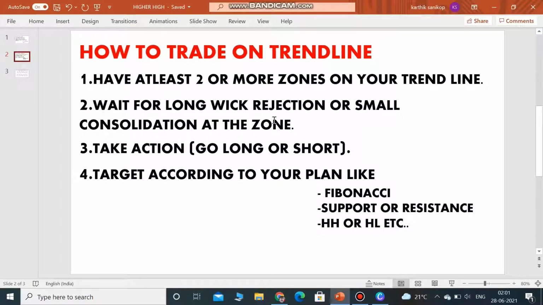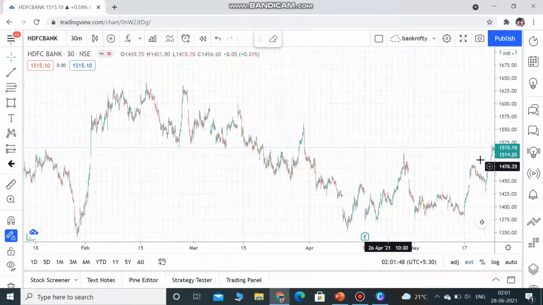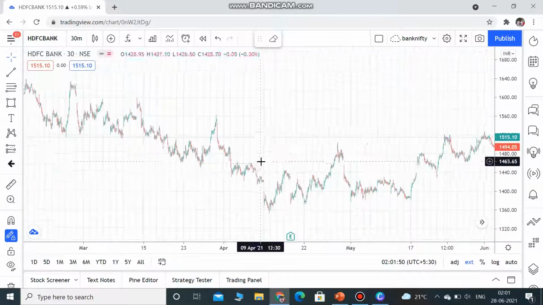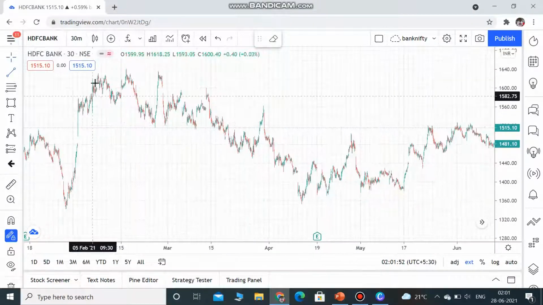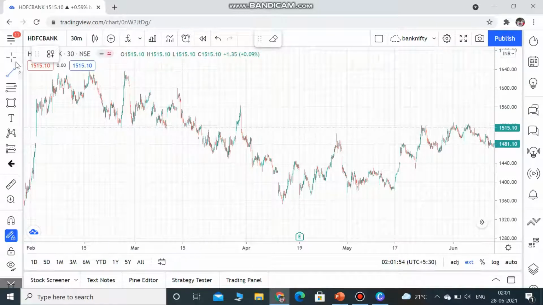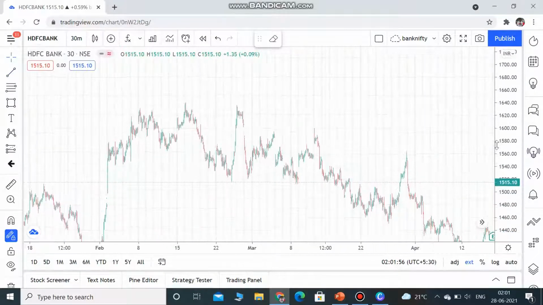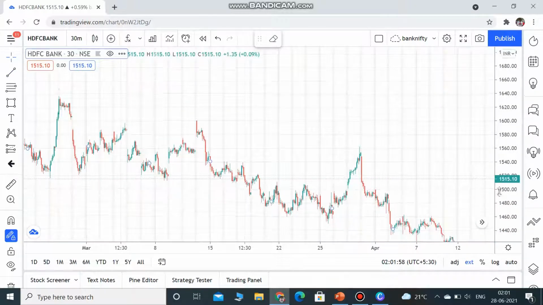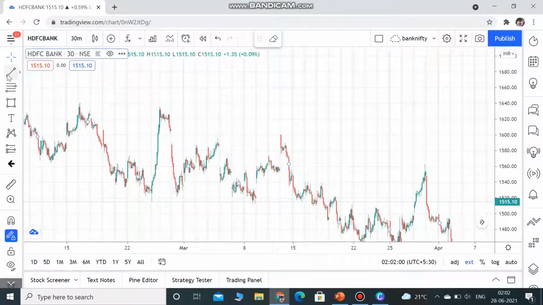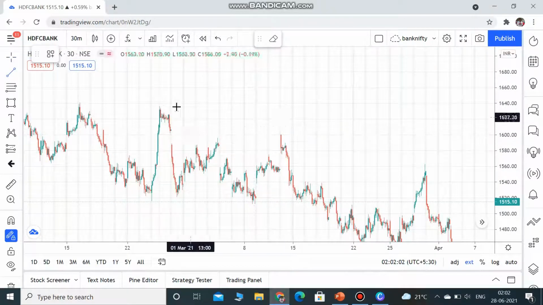So in the first step, you have to consider at least 2 points or more. I will be showing it on the same chart, which is HDFC Bank. So what is the first step you have to do? First step, connect two highs.